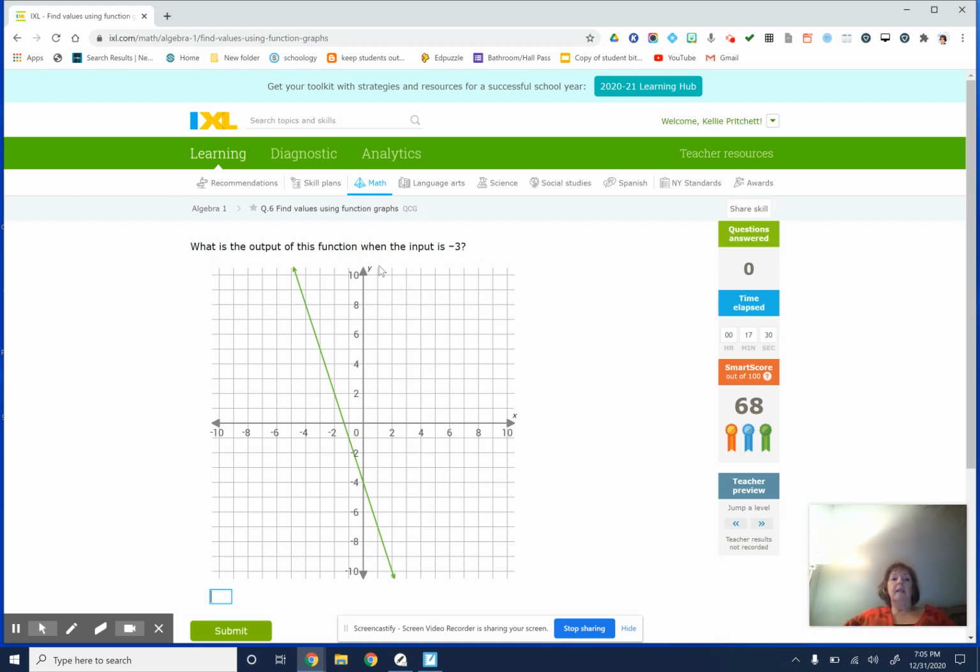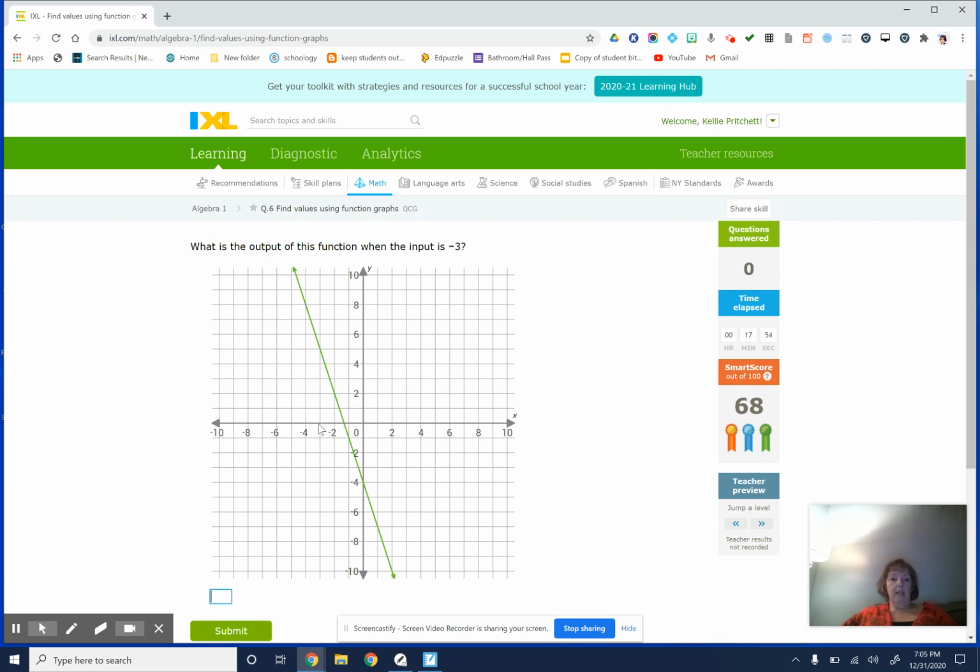All right, and then this time, look at the wording on this one. It talks about output, which are the y values, and input, which are the x values. So when you work something out, it's y equals, so you get what y is. When you put something in, you're putting in for x. So x is -3. So on my x-axis, I'm going to go to -3 right here.